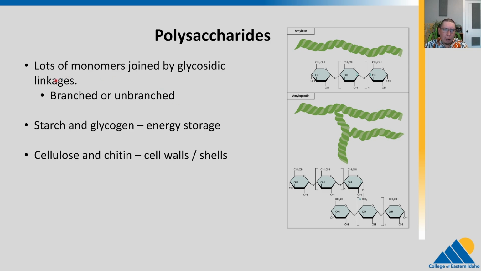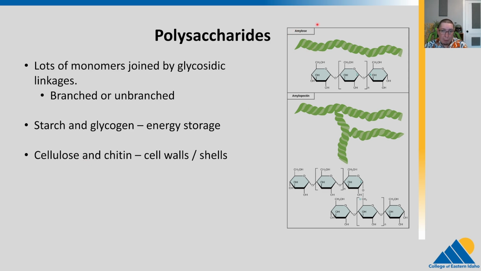What I want to show you here is that just like we've talked about previously, shape is everything in chemistry. So the shape that these monomers get stuck together in can determine their properties. We might have branched chains where things get branched off, or they might be unbranched. They might be straight chains. These polysaccharides, there's a lot of different ones.